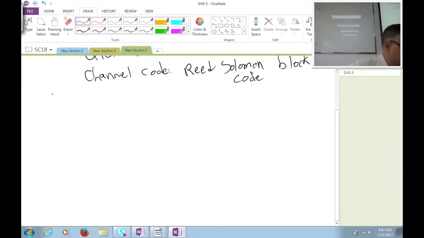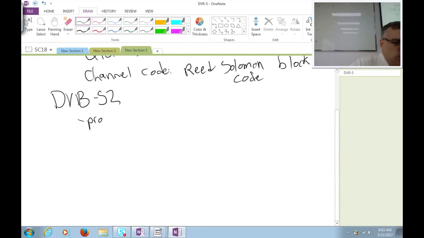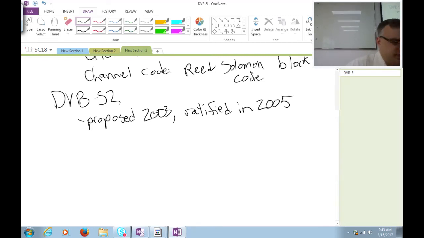When you get to DVB-S2, this standard was proposed in 2003 and ratified in 2005.